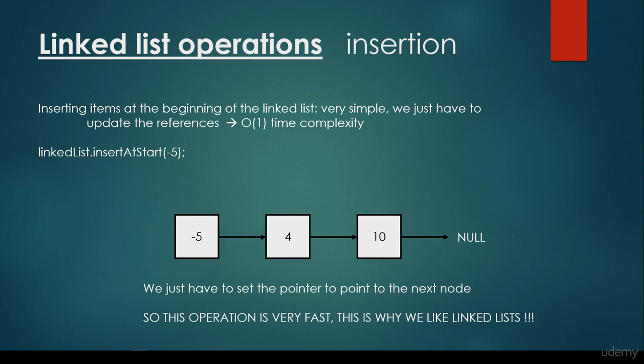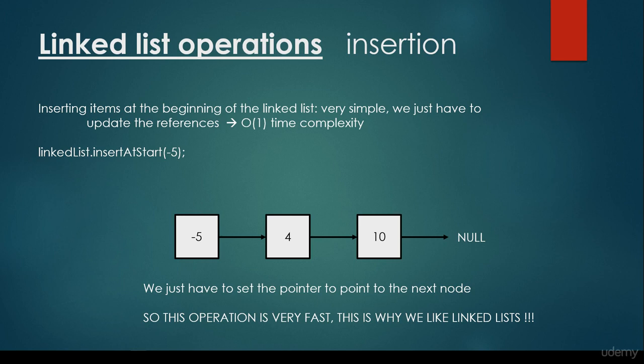As you may recall, for arrays, if we would like to insert at the beginning of the array, so the index 0, then we have to reconstruct the array. So instead of the O(1) time complexity that we have seen here for linked lists, for arrays it is O(n), so linear time complexity.